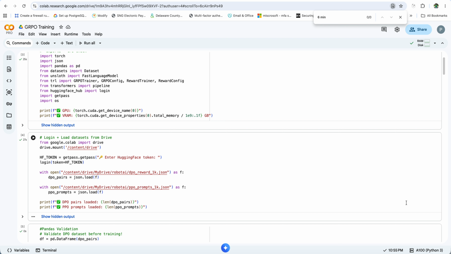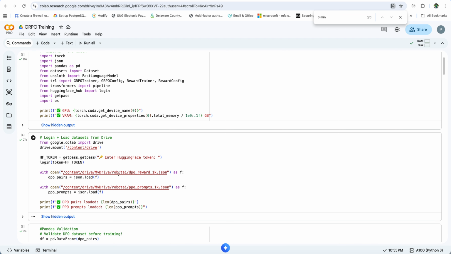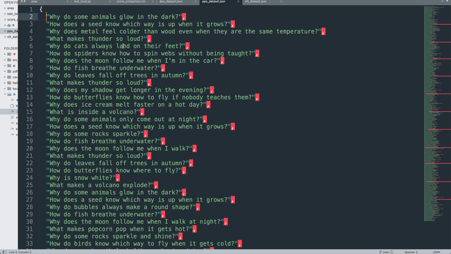In our case, because this is a kid-friendly robot we are working on, our DPO set is like: what is gravity, this is chosen, this is rejected, something like that. And we also have the PPO prompts, which are simple, there are no answers.